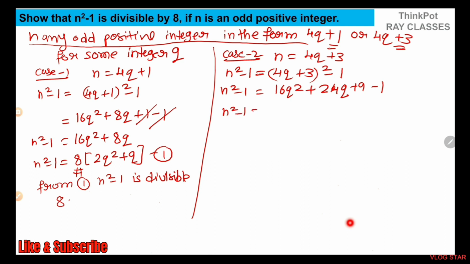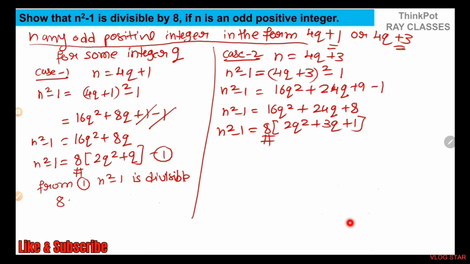So n square minus 1 is equal to 16q square plus 24q plus 8. Again you can take 8 outside. We get 8 times 2q square plus 3q plus 1. Now here the multiple is 8. So we can say therefore n square minus 1 is divisible by 8. This is point number 2, and that was point number 1.